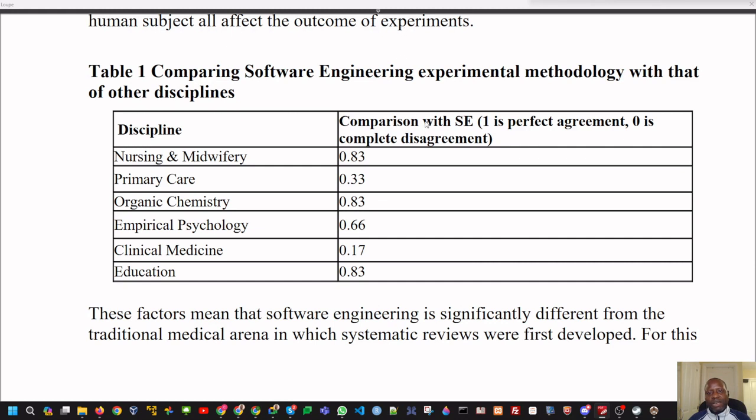In his comparison with software engineering, 1 is perfect agreement, 0 is complete disagreement. So it's a scale from 0 to 1 of how similar or different these two are. Clinical medicine seems to be very different from software engineering, but the other domains are very similar because of the high percentage score that they gave to these studies.